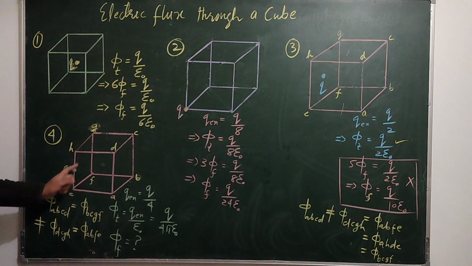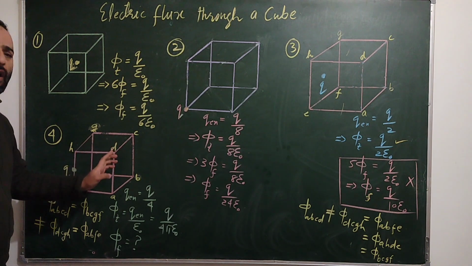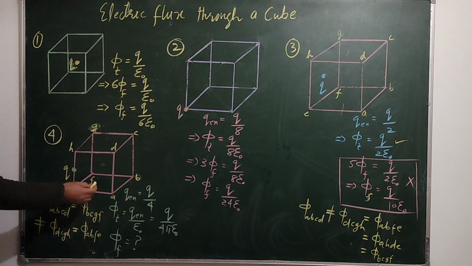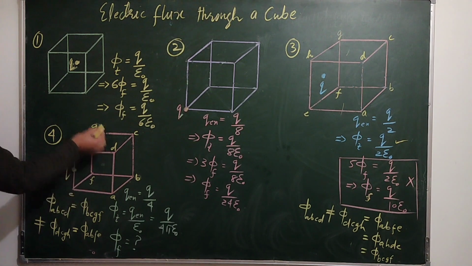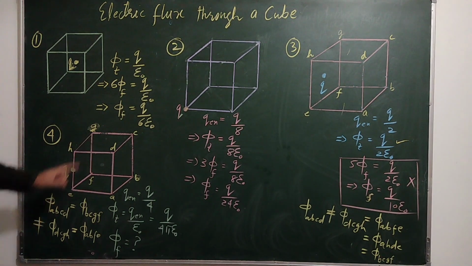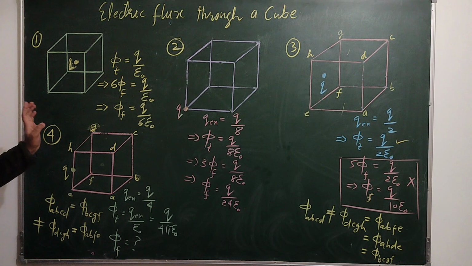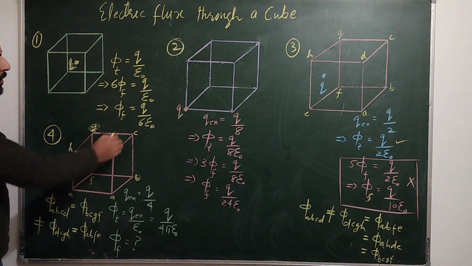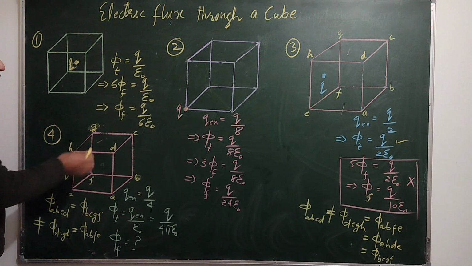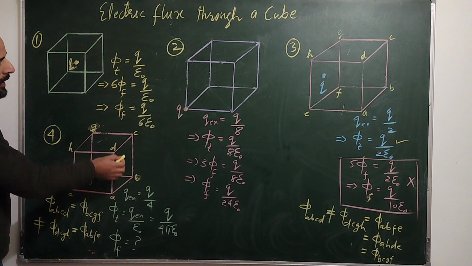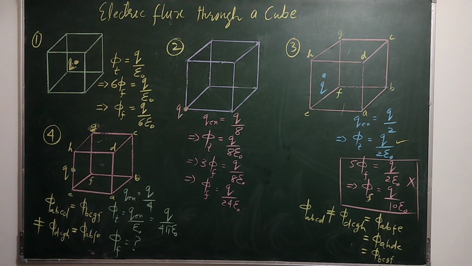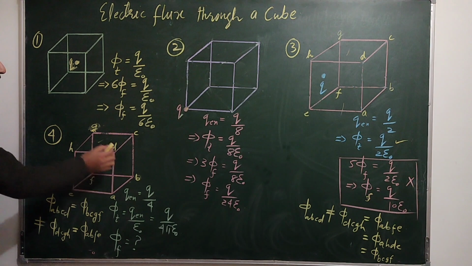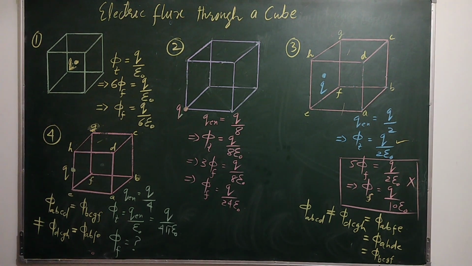These are symmetric with respect to the charge. And then there are another two faces, the bottom face and the top face, which are also symmetric with respect to the charge. The flux through the top and bottom faces will be the same, the flux through this face and this face will be the same, but the flux through these two pairs is not the same.